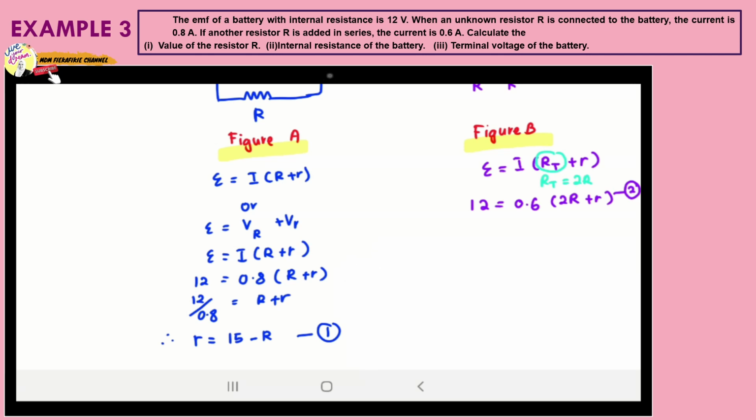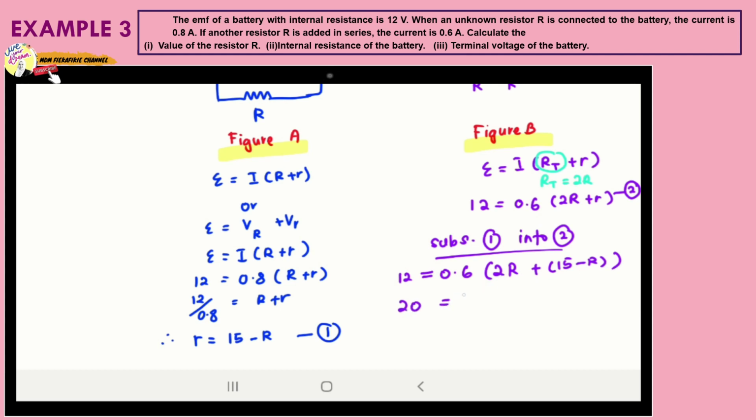Now let's substitute equation number 1 into equation number 2, where r is equal to 15 minus capital R. So 12 equals 0.6 times 2R plus 15 minus R. 12 divided by 0.6 gives 20, equal to 2R minus R, which is R plus 15.